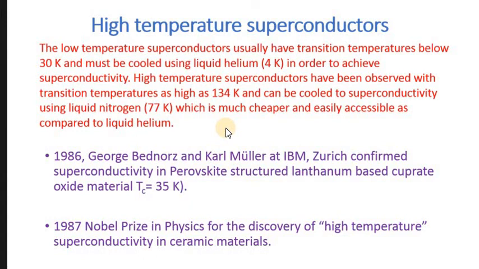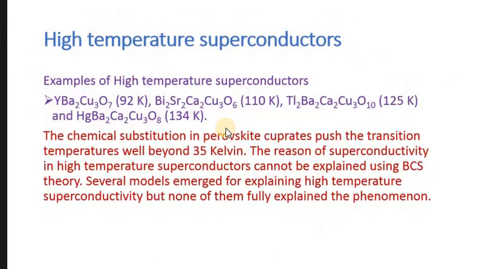In 1986, Georg Bednorz and Karl Müller confirmed superconductivity in perovskite-structured lanthanum-based cuprate oxide materials, and they received the 1987 Nobel Prize in Physics for the discovery of high temperature superconductivity. These are some examples of high temperature superconductors.